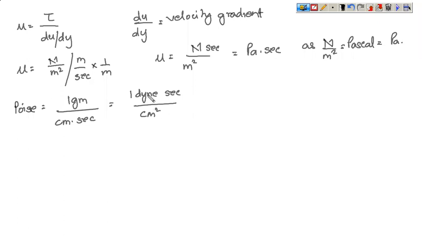In European countries, we follow the foot pound second system. So dyne denotes what we say Newton. There it is said as dyne. Okay. So this is Poise, and centipoise is another unit, where 1 centipoise is 10 to the power minus 2 poise.